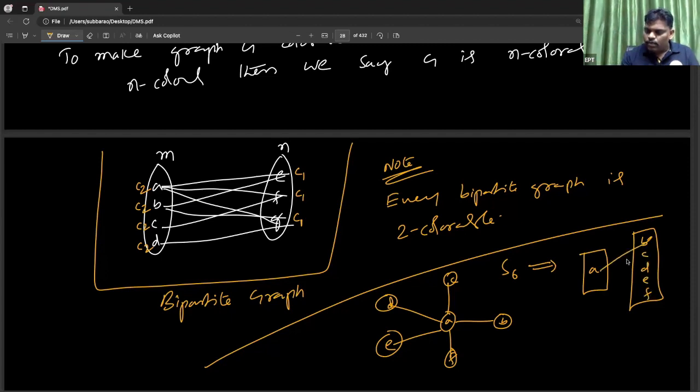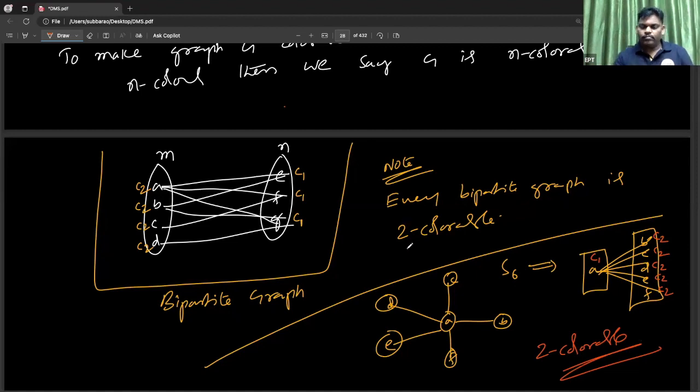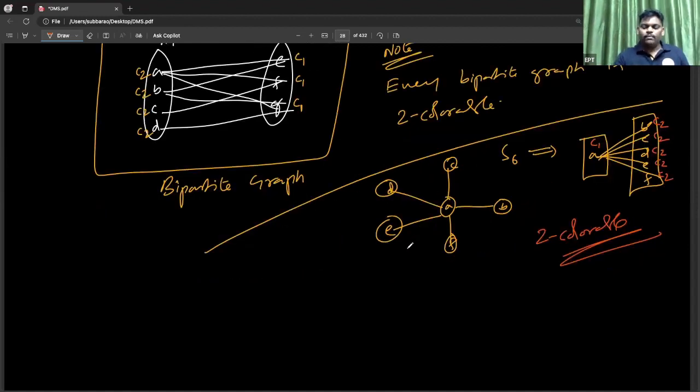You can give colors like this: C1 for the center, and these all are C2. So 2 colorable. Every star graph is 2 colorable because it is a bipartite graph.